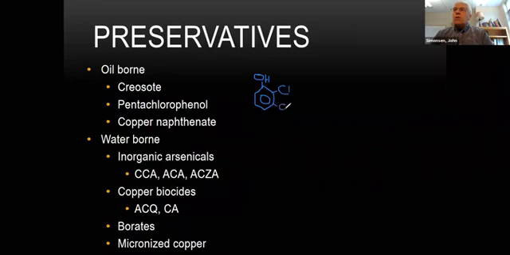So these are chlorines. There's 5 of them. And the aromatic ring with a hydroxyl group on it is phenol. And you have 5 chlorines, so it's pentachlorophenol. Right?